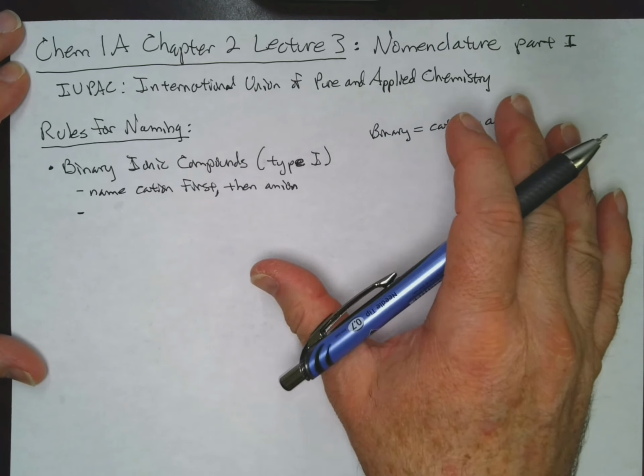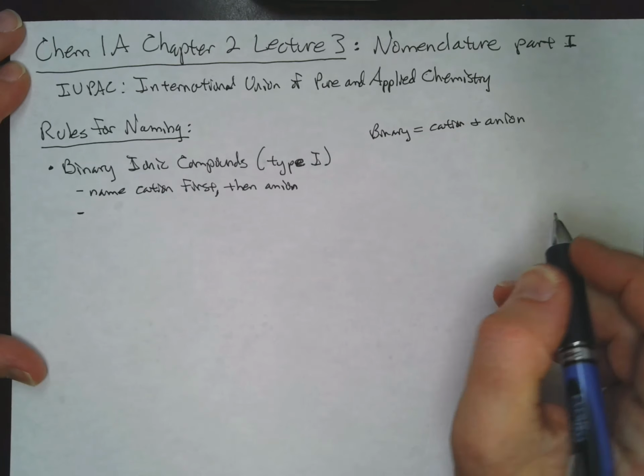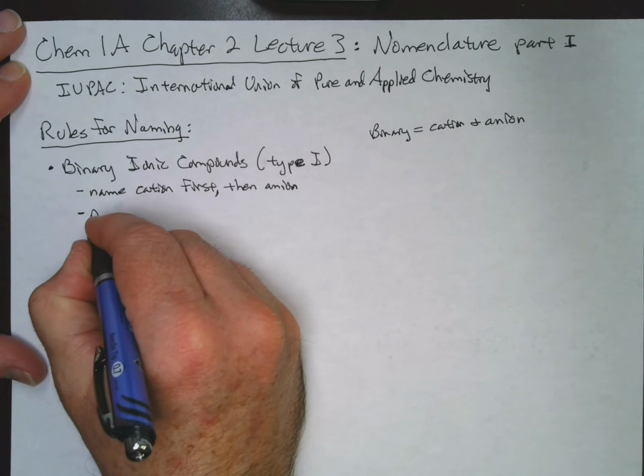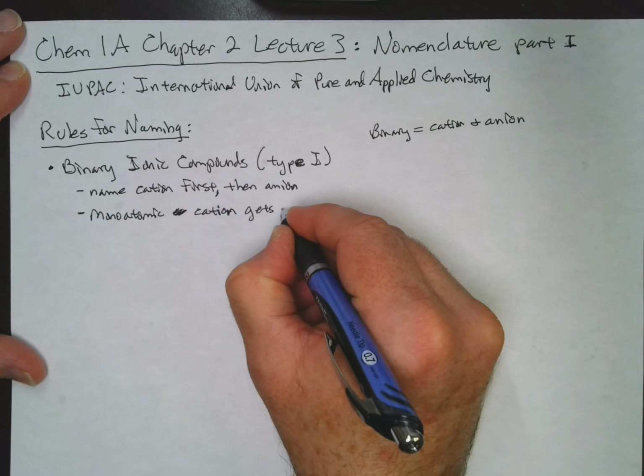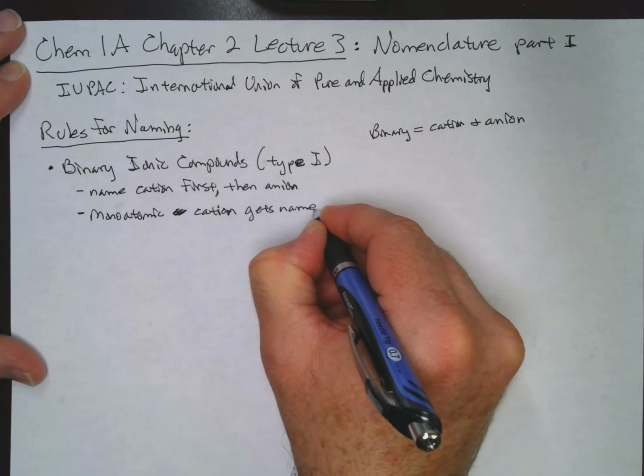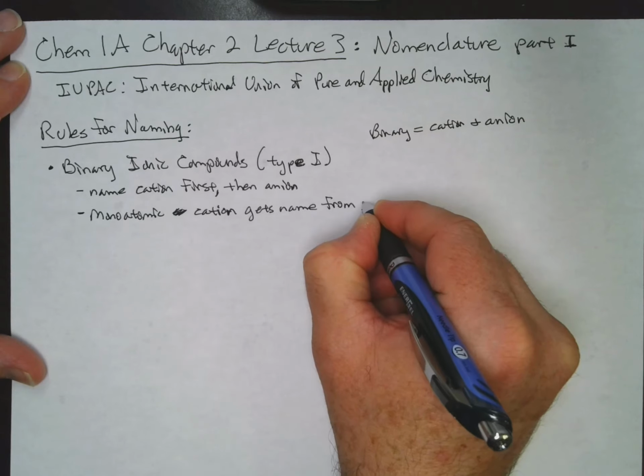If a cation is just one atom, so monoatomic cations, a monoatomic cation gets its name from the element.